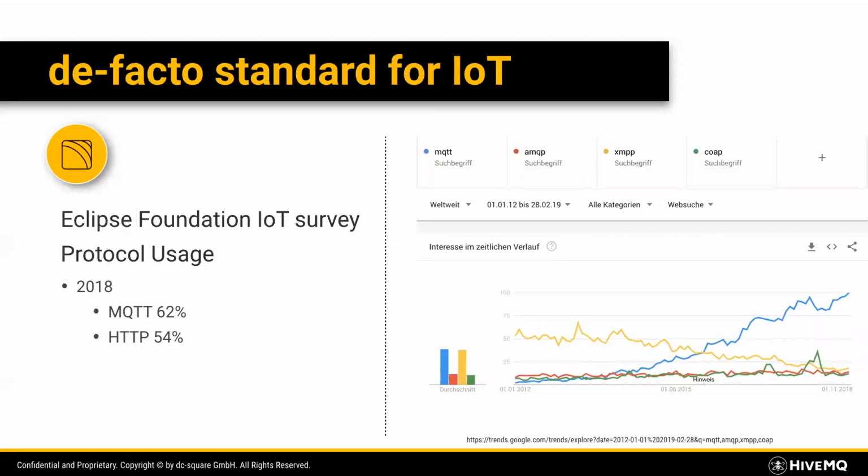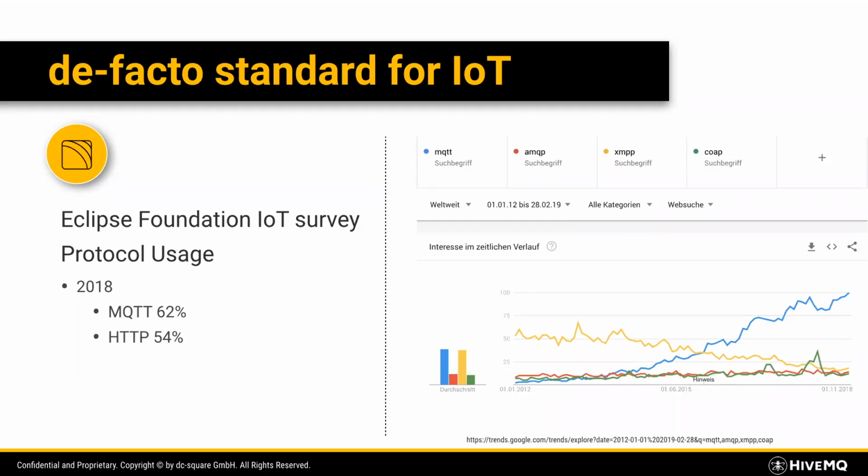MQTT, as of today, can be named the de facto standard protocol for communication in IoT. Evidence is the Eclipse Foundation IoT survey, which found that most IoT use cases actually use the MQTT protocol, even ahead of the HTTP protocol.